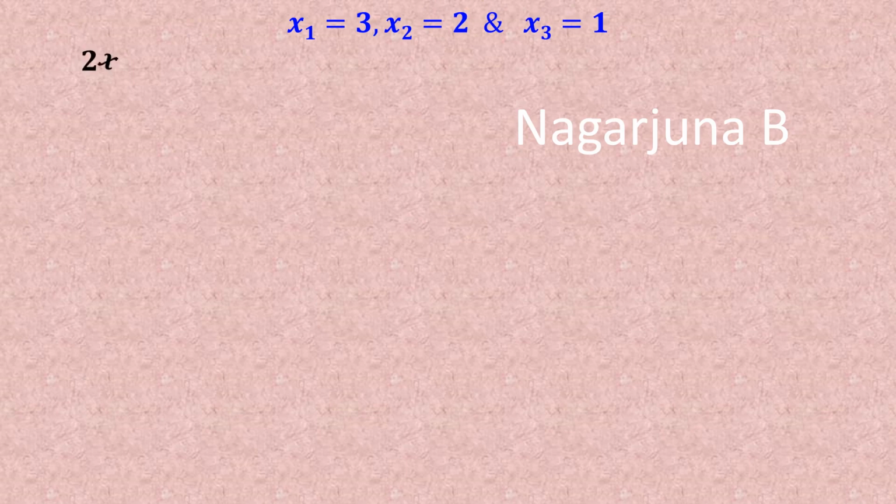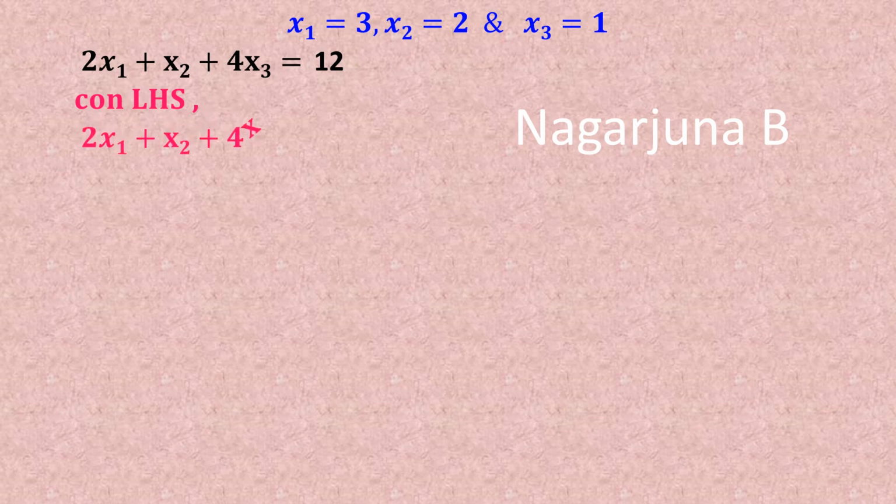2x1 plus x2 plus 4x3 equal to 12. Consider LHS, the left hand side of the equation, that is 2x1 plus x2 plus 4x3. Now substitute the values of x1, x2 and x3 in this equation. So it will be equal to 2 into 3 plus 2 plus 4 into 1.